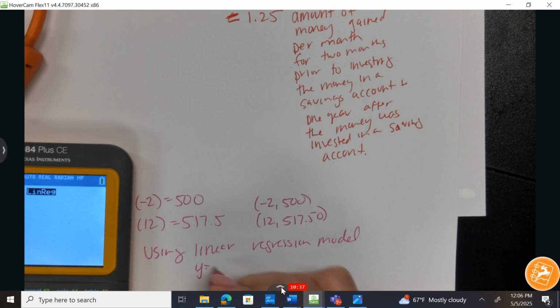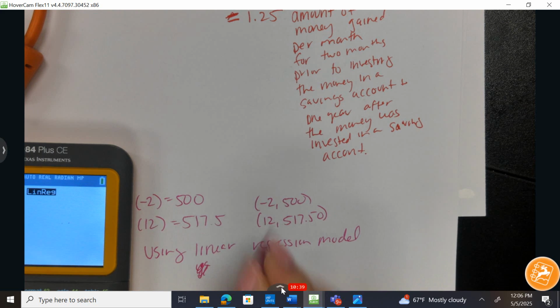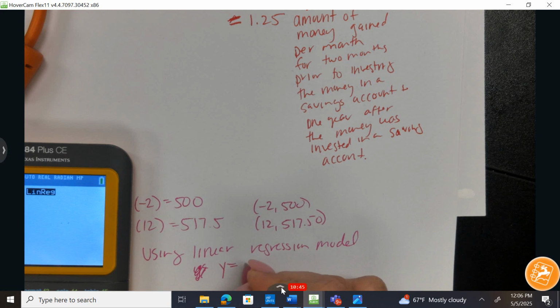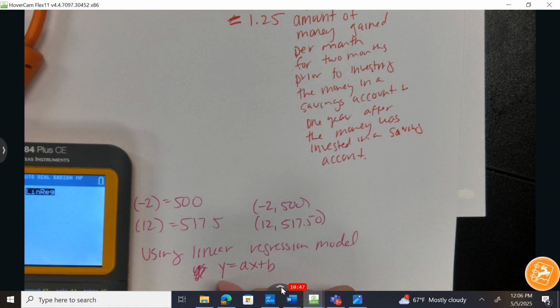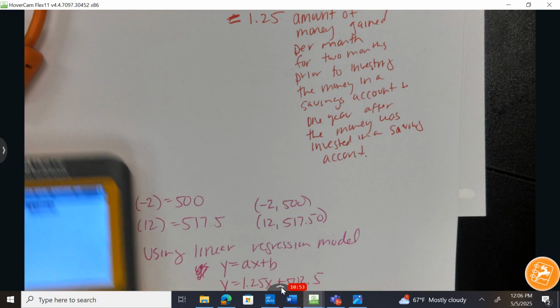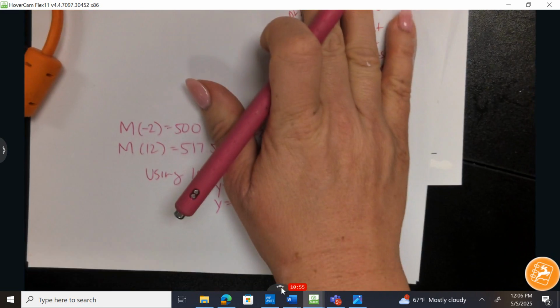It's y equals ax plus b, y equals 1.25x plus 502.5. I can move that up so you're able to see everything.